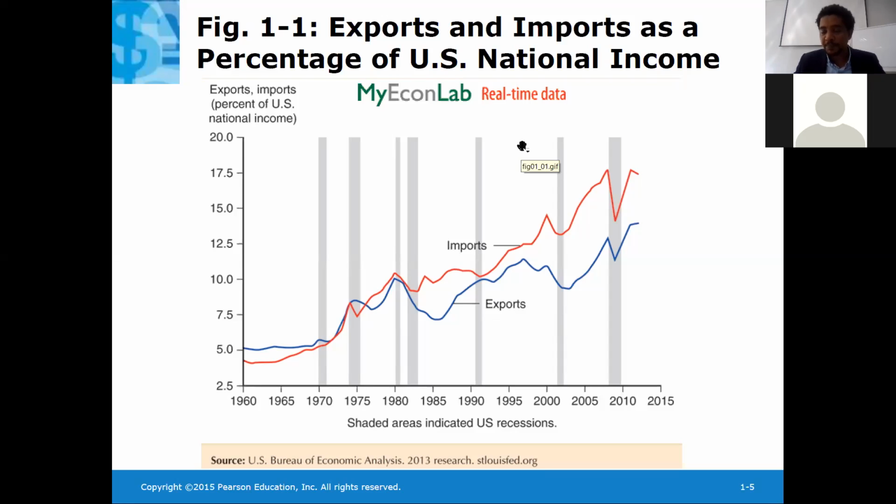Trade surplus is when export is higher than import. For example, for the last 40-50 years, China and Korea have had a trade surplus, which means they export more products and services to other countries than the amount they import. So that is good for the economy actually.